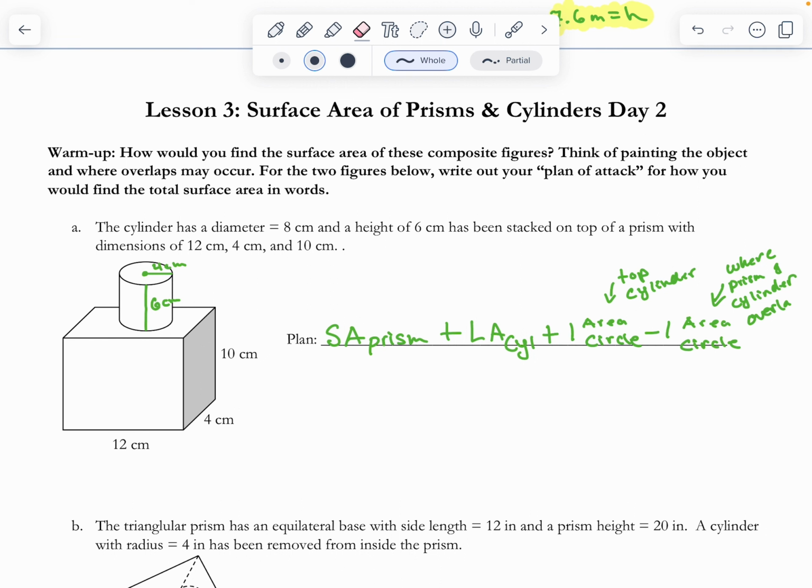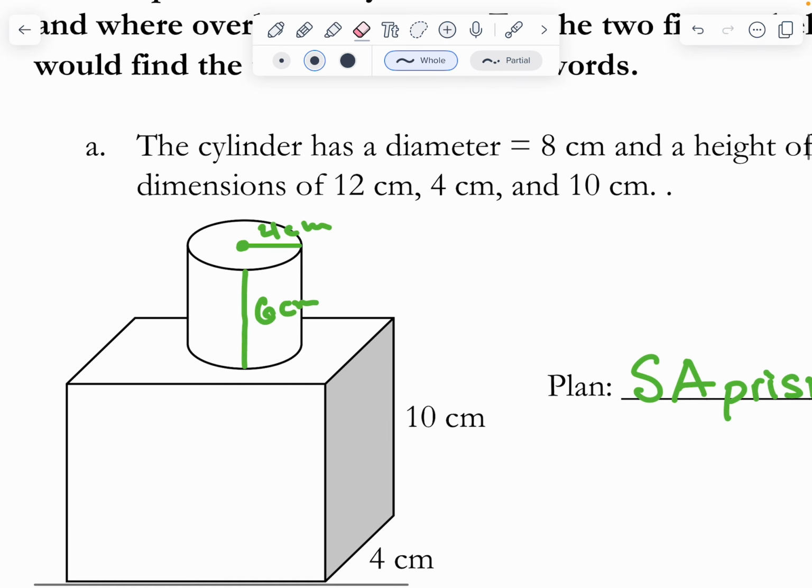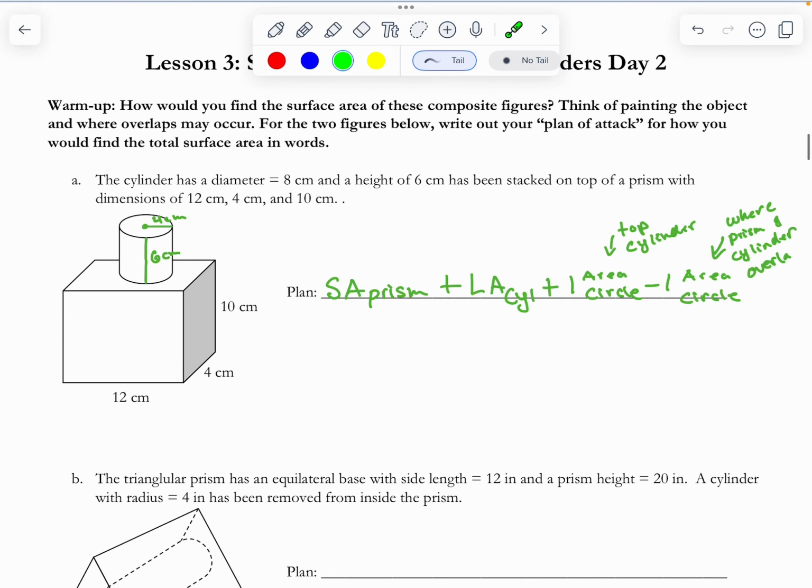We would have to find the surface area of the prism, then the lateral area of the circle. But this bottom surface area was cut out, right? It's almost as if this came down and just plugged that hole, right? So essentially, the only thing we would need to do here is just this, and we would be done. Because you could do this, but this just ends up being a zero, right?